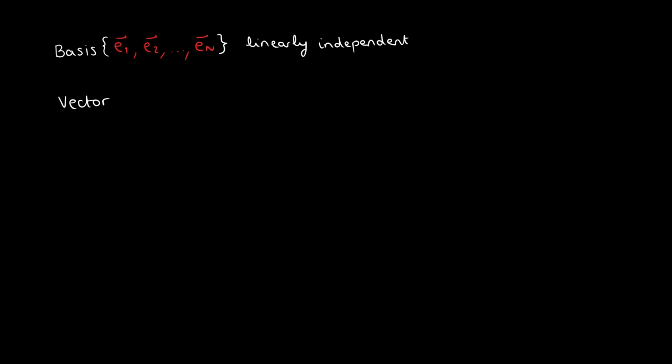So let's summarize what we have learned so far using all this new vocabulary. We define a basis as a set of n linearly independent vectors. We define the associated vector space as the span of the basis. And we know that this space has a number of dimensions equal to the number of basis vectors, because they are linearly independent.